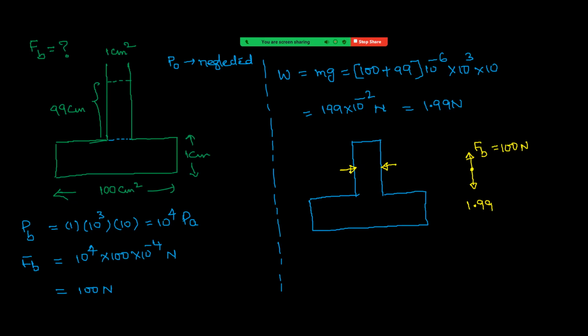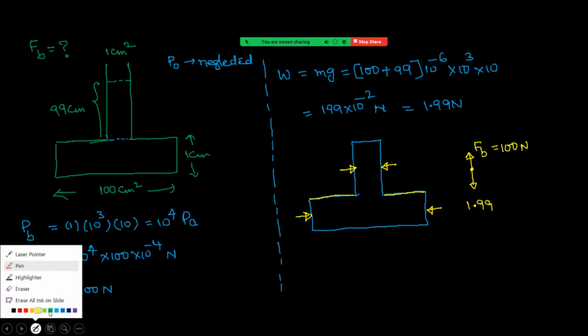And by symmetry, they will cancel. And coming to here, by this part of the vessel, the force is only along horizontal, and again by symmetry, they get cancelled, right? Now remaining is only by this part of the vessel. I am marking it here in yellow color. By this part of the vessel on the liquid, the force will be vertically downwards.